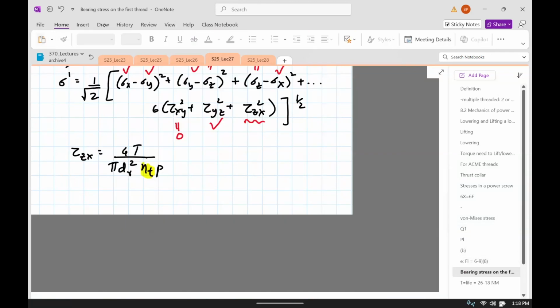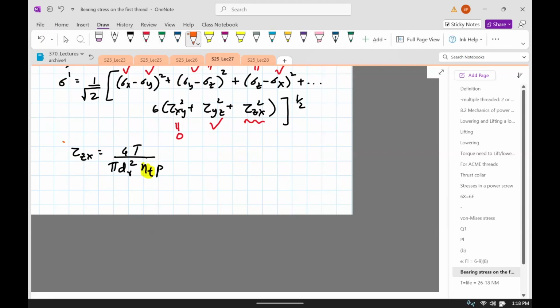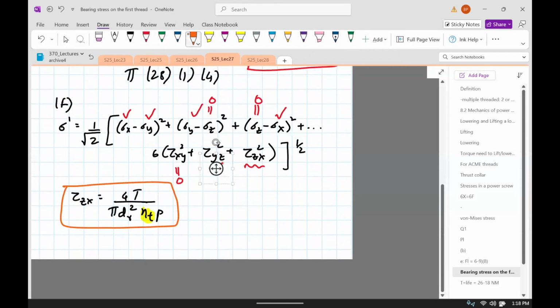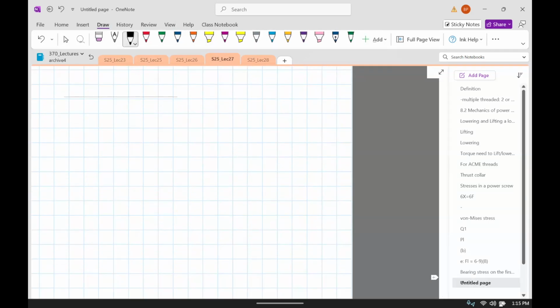Here's tau zx. So T equals T lift, which is 26.18 Newton meter, my bad.